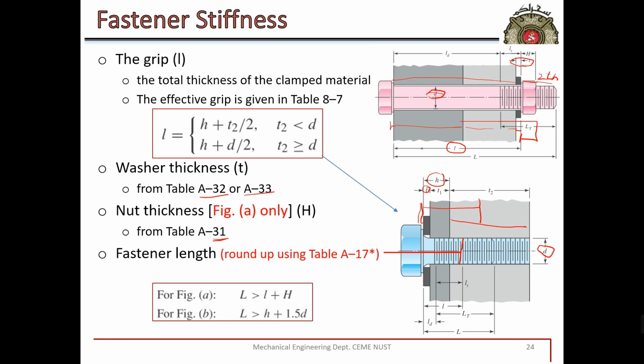This has to be the total length of the bolt. And for figure B, this is equal to H plus 1.5D, because H plus D by 2 is the equivalent lead, but we add some extra length of bolt for safety.